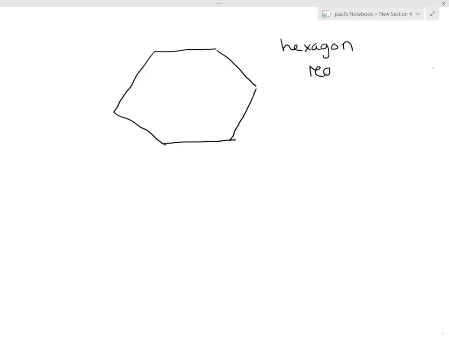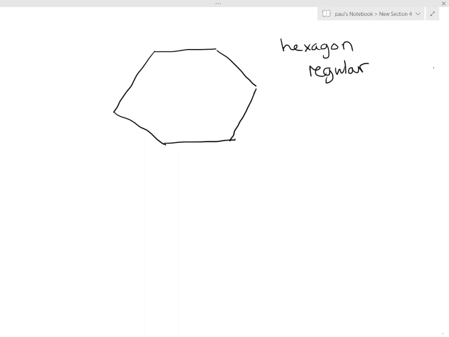Now I'm going to do a 6-sided shape. And the 6-sided shape is a hexagon. We're going to pretend that this is a regular hexagon because all the sides are the same. It's not a very good drawing, but all the sides are the same.